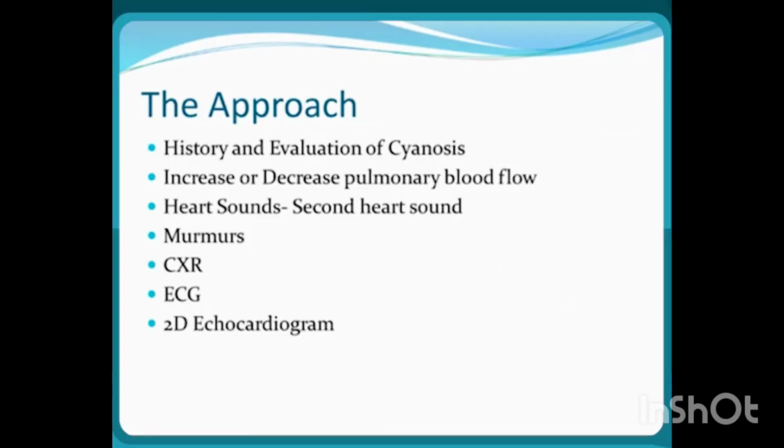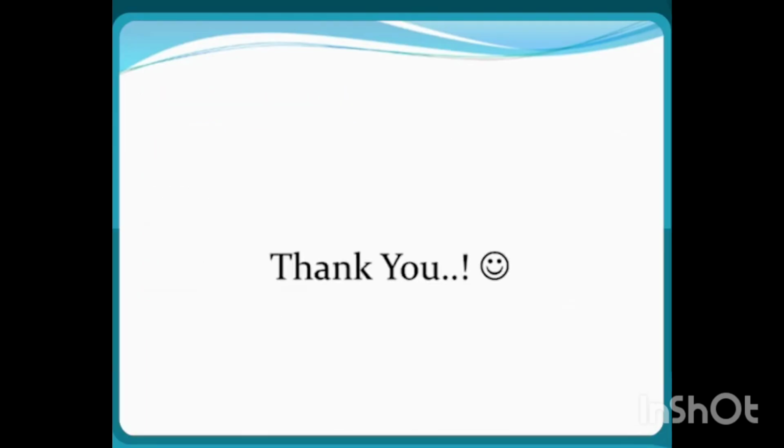The hyperoxia test is the most important thing in this condition. By doing all these things, you can approach a patient of cyanotic CHD, and then after doing all this investigation and special investigation, you can classify them and send them for the surgery or intervention which is required for the patient. Thank you.